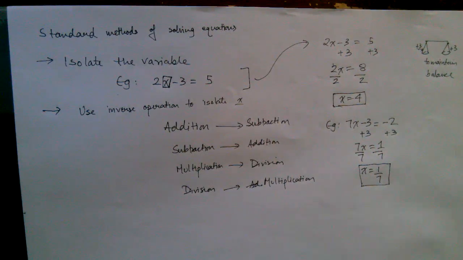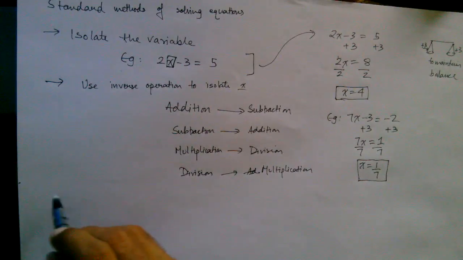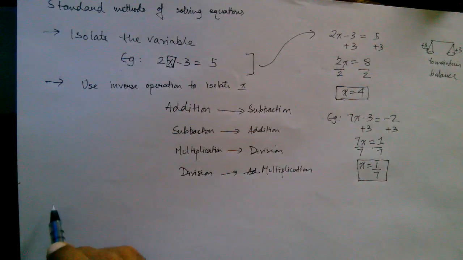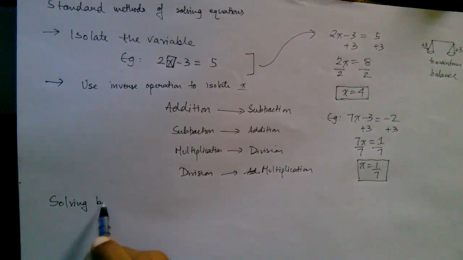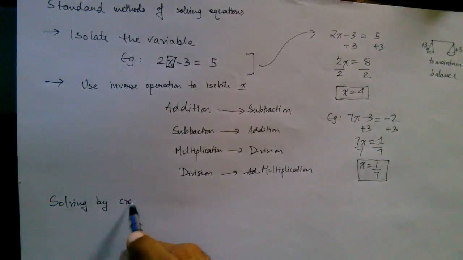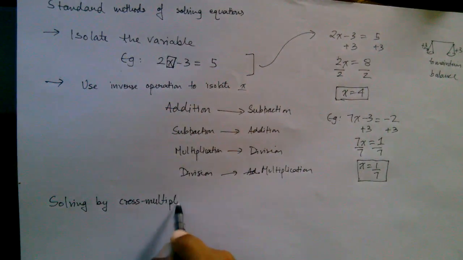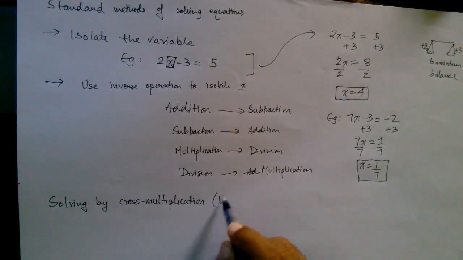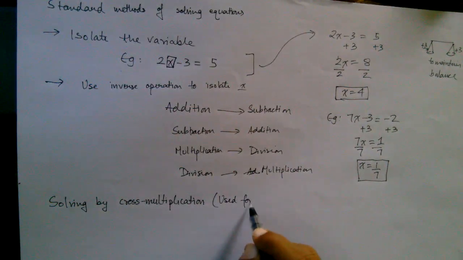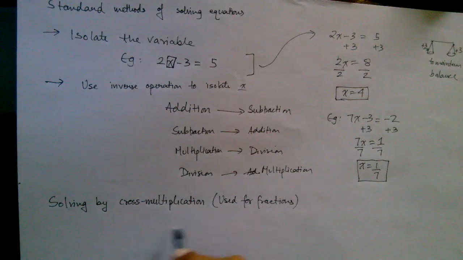Now there is a second scenario, what we call solving by cross multiplication. This is used for fractions. An example is going to make it clear.